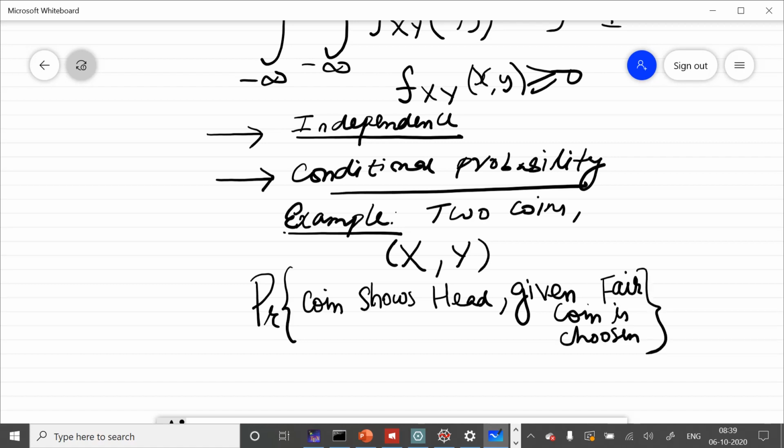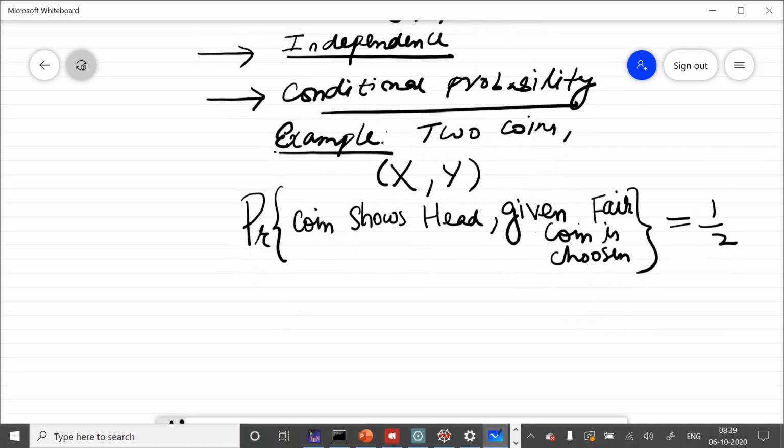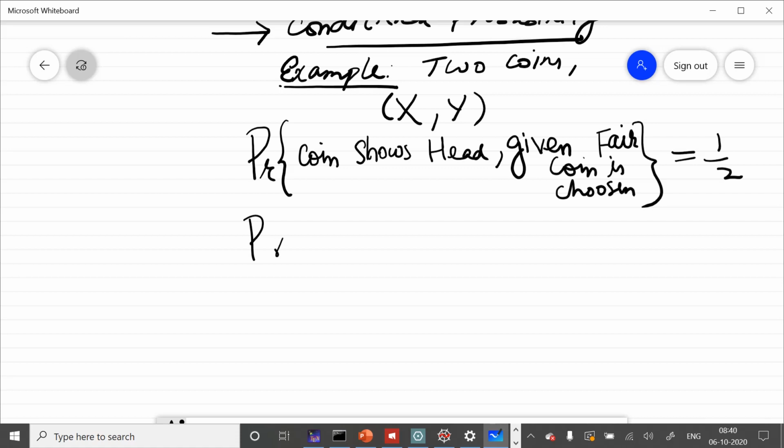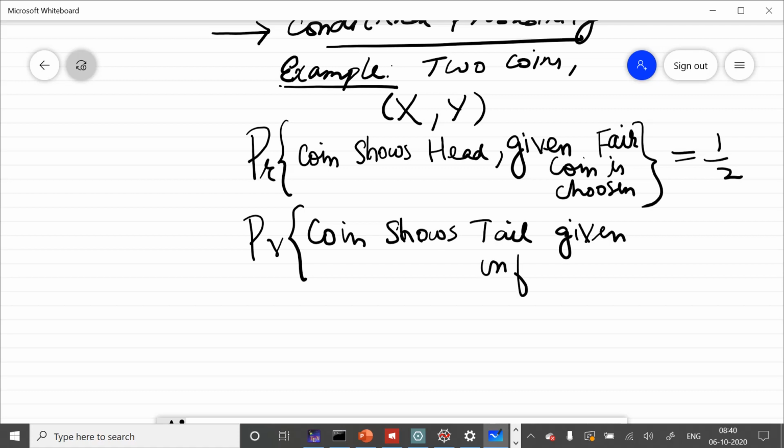And actually the answer should be half, because you are choosing a fair coin. But another question is: what is the probability that the coin shows tail, given an unfair coin is chosen, that's coin number 2? Although the answer of this is 1 by 4. Just recall that example.